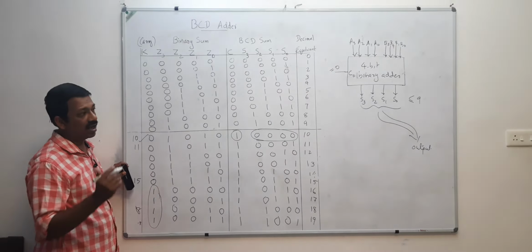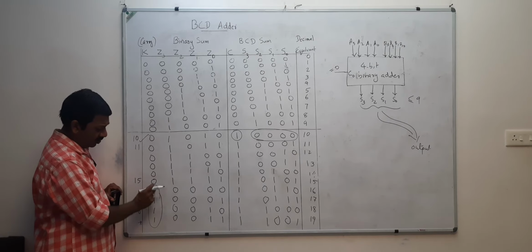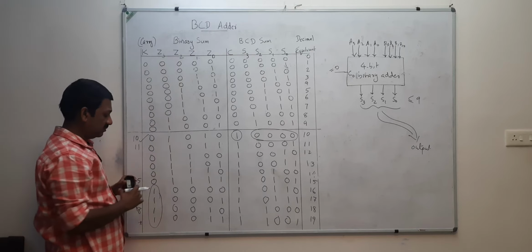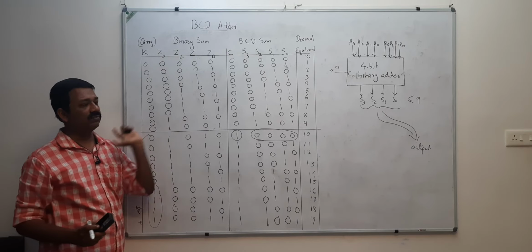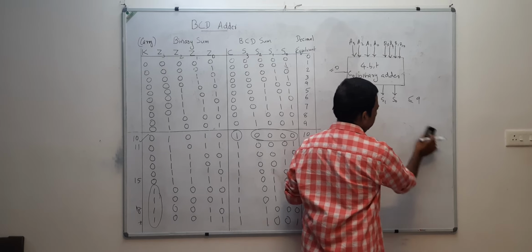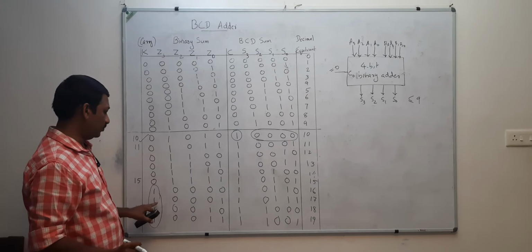That means add 0 1 1 0. If you have a carry for the binary sum, definitely you have to make the adjustment.